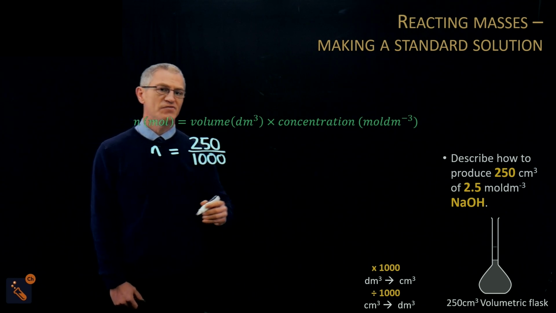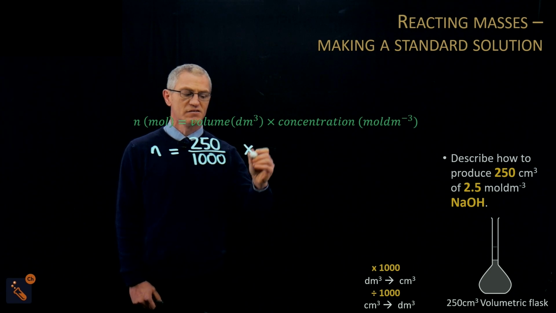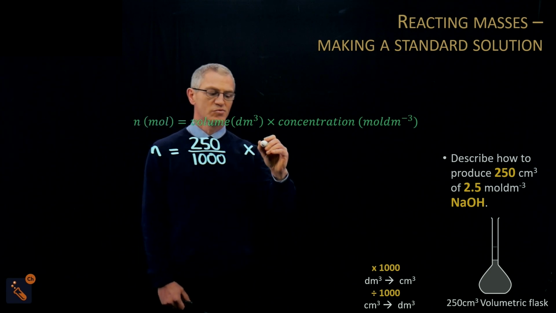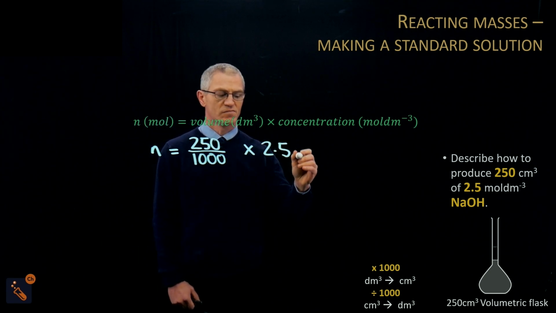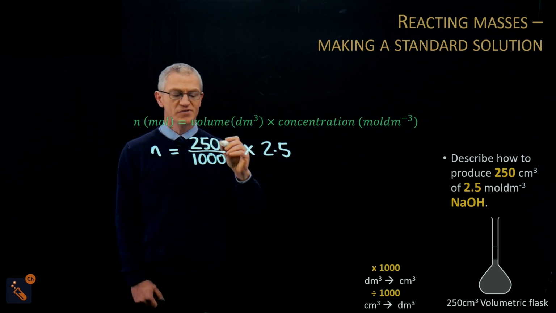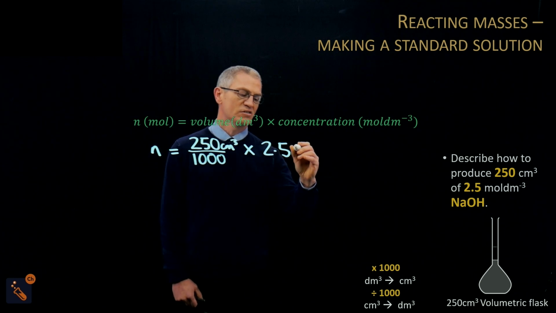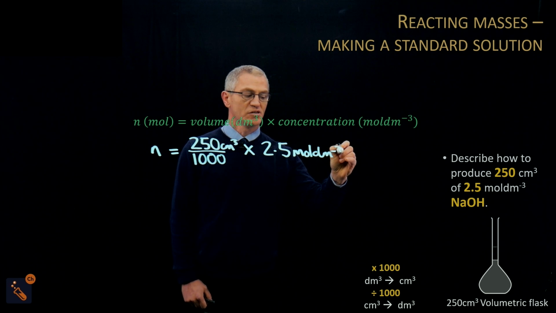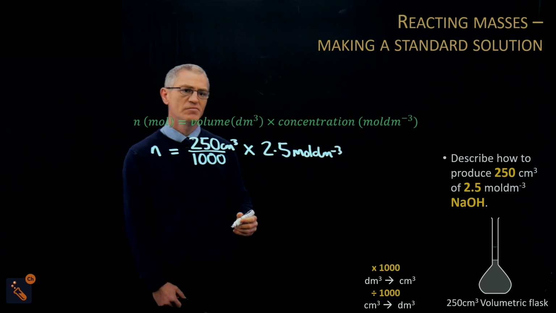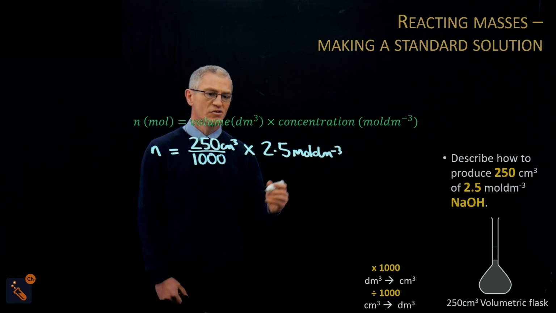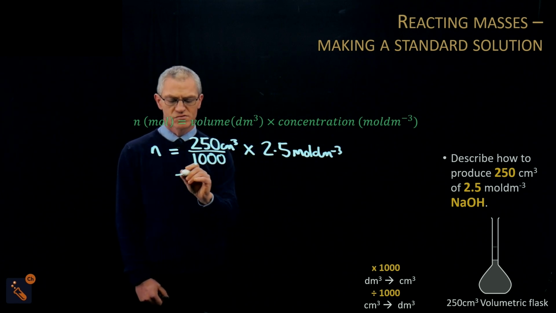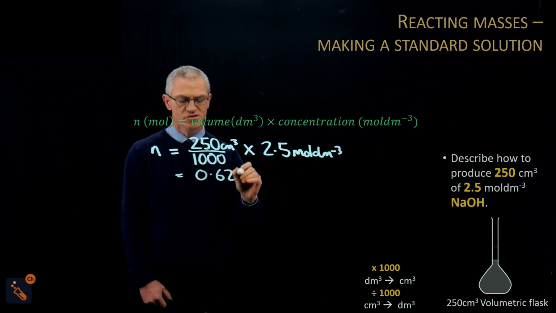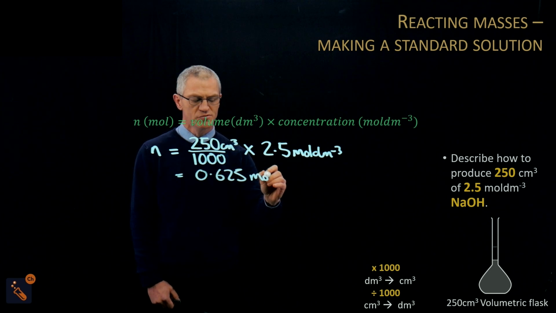Then we times that by our concentration, which is 2.5. So we have our centimeters cubed being converted into decimeters cubed, and we've got our moles per decimeter cubed here. When you do that, it will equal 0.625, and that will be in moles.